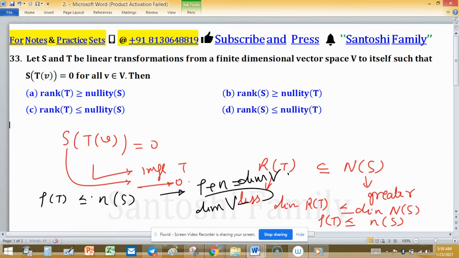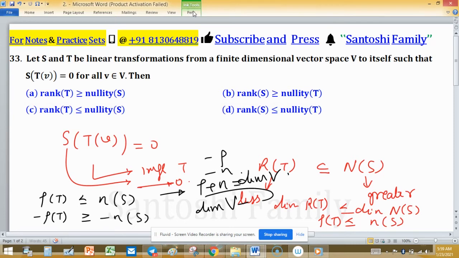So to obtain a relation, multiply this inequality by a negative sign. It means minus rank of T is greater than or equal to minus nullity of S, and add dimension of V on both sides.